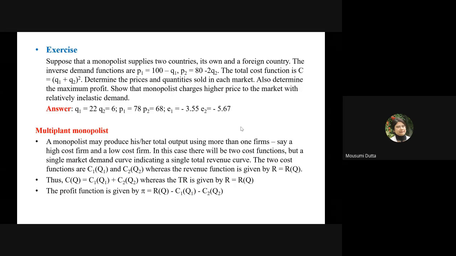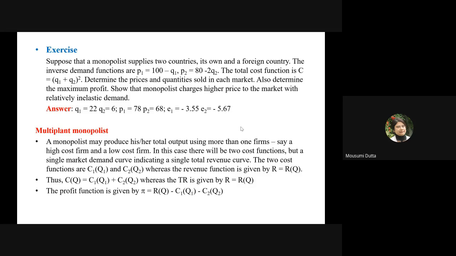and therefore a single marginal revenue curve. Okay, so aggregation will take place in terms of MC1 and MC2, whereas there will be a single MR. So here we need to aggregate MC1 and MC2, horizontally summing the two marginal cost curves, and we generate the total marginal cost.